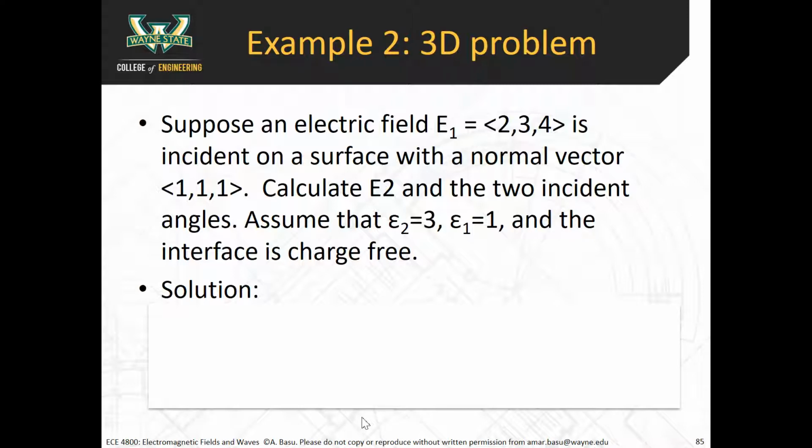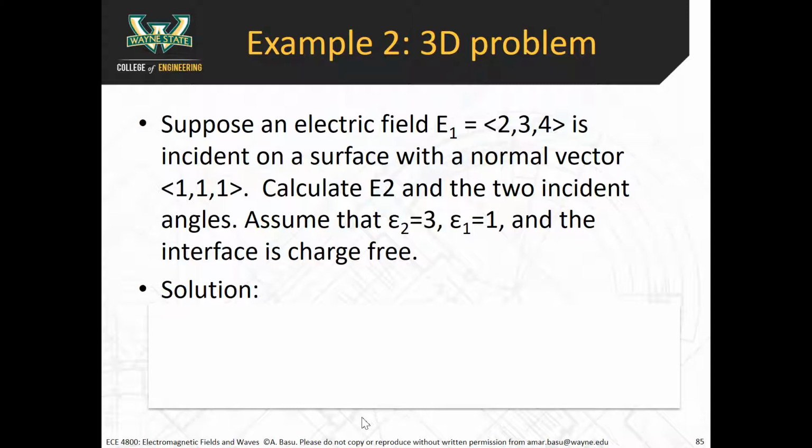Or you're saying just find it using this triangle? Yeah, that could work too. So you're saying inverse cosine of E1n over E1. Yeah, but we have to do it with the magnitudes. There's two ways to solve this problem.